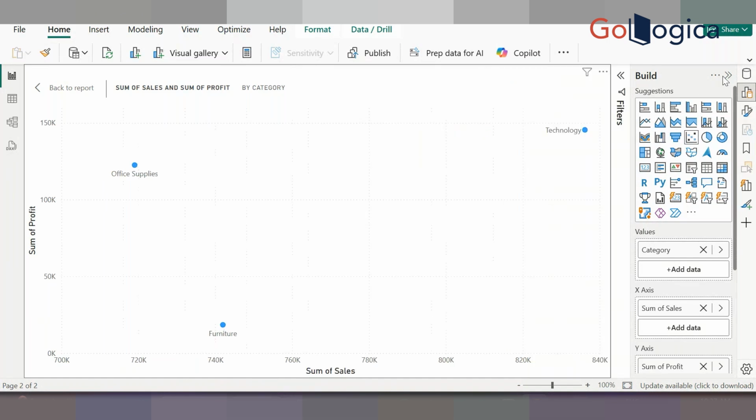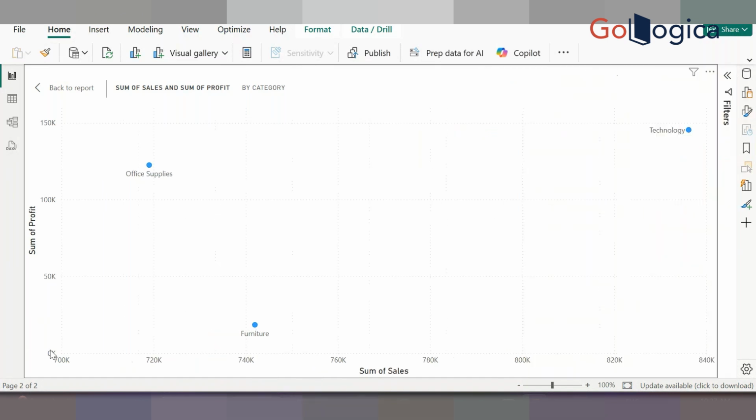What we understand from this is, this is a start point. If it is on your right-hand side it is more sales, and if it is at the top it is more profit. Technology is on the extreme right and the extreme top, meaning technology has the highest sales and the highest profit.